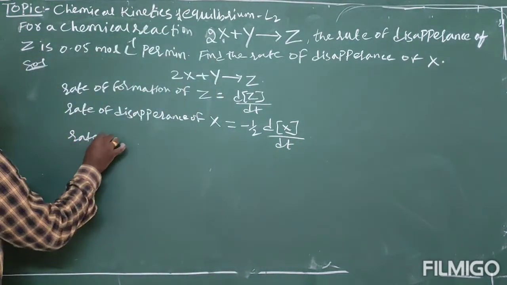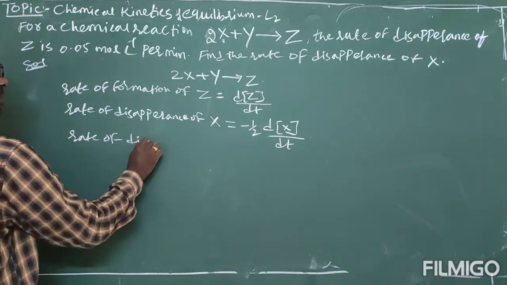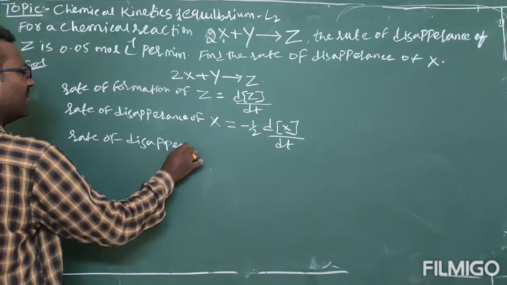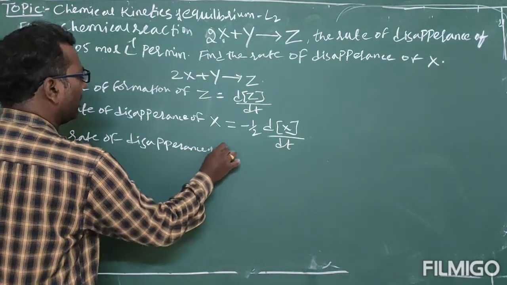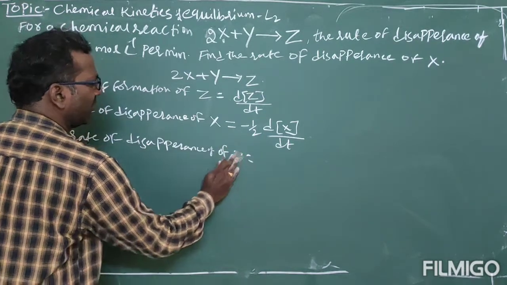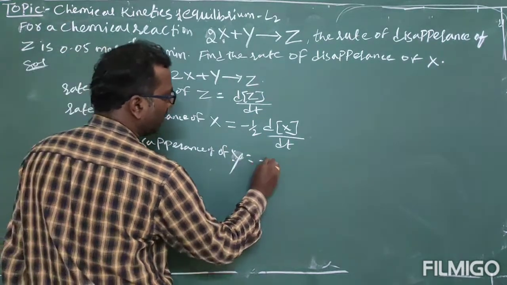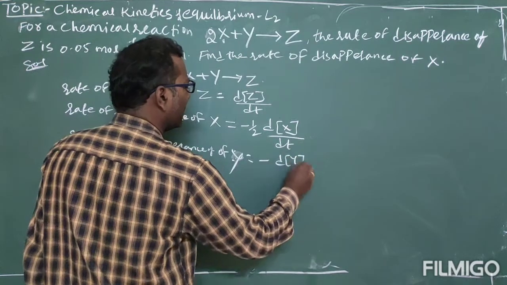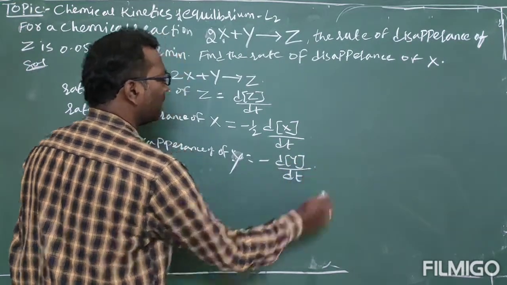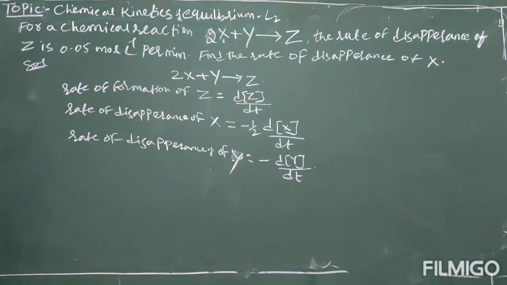Next, rate of disappearance of y is equal to minus dy by dt, that is the change in concentration.